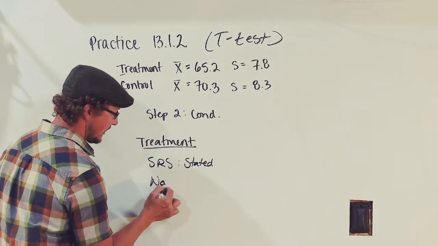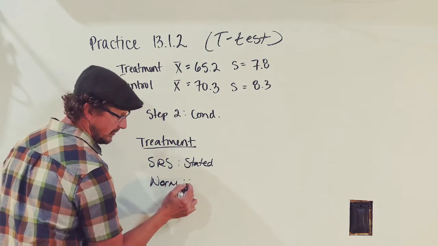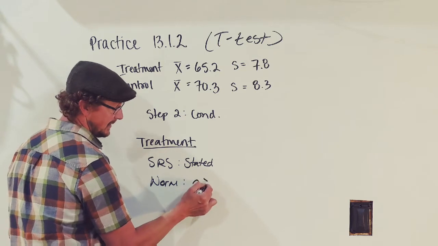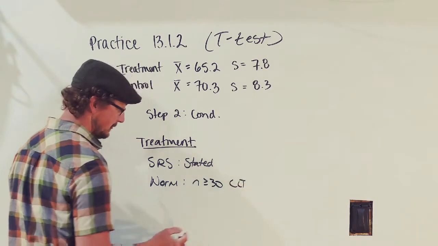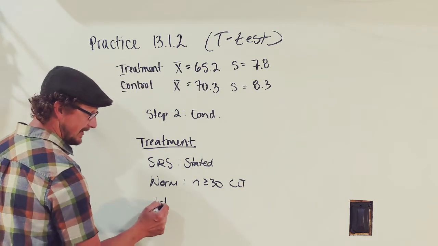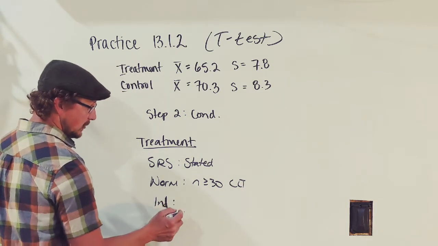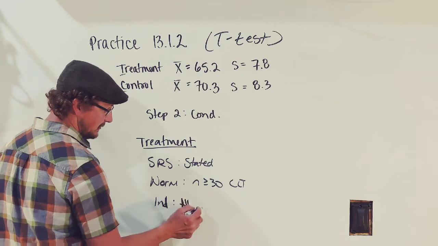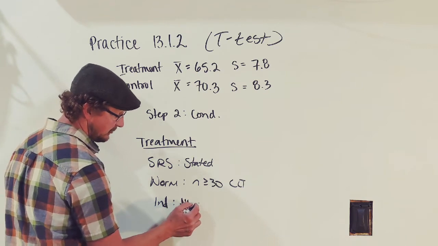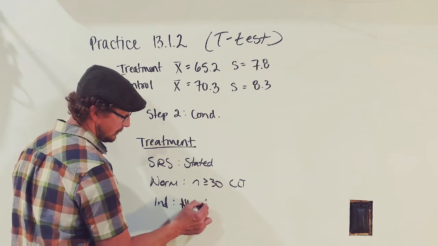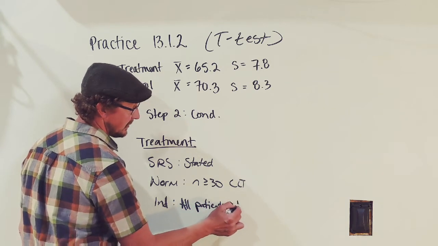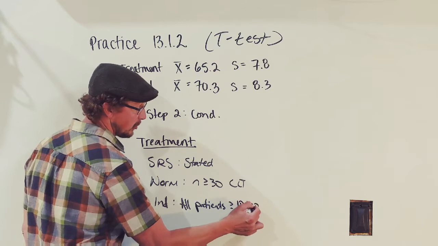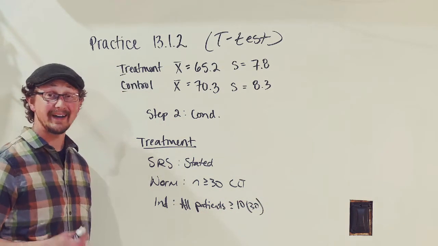Was it a normal distribution? Yes, it was. It was a sample size of 30, which kicks in the central limit theorem. And how about independence? Well, I'd say all heart patients is indeed greater than 10 times 30. There's more than 300 individuals who have had heart surgery.